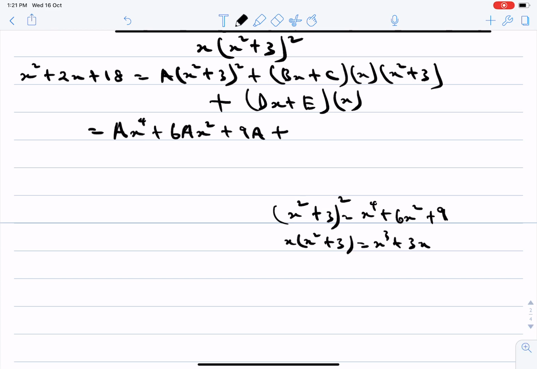I'm just multiplying a by x squared plus 3 squared. Then bx plus c times x squared plus 3 is bx plus c times x cubed plus 3x.